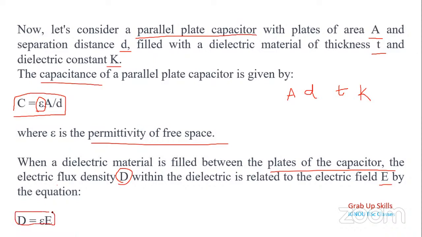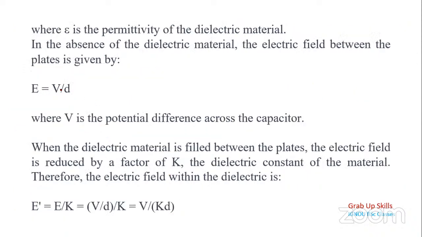This is the equation that denotes the electric flux density when the plates are filled with the dielectric material. Now we know the symbol epsilon represents the permittivity of the dielectric material.